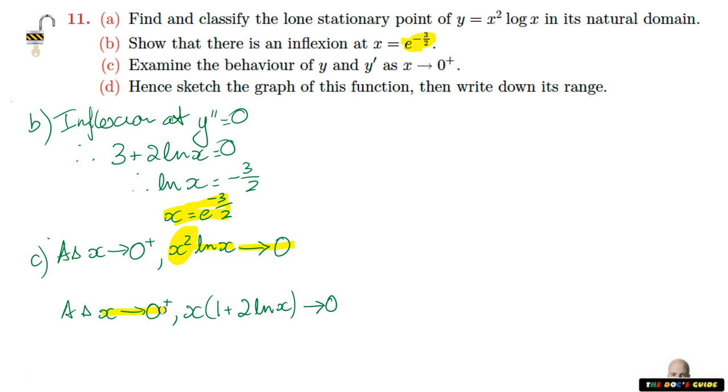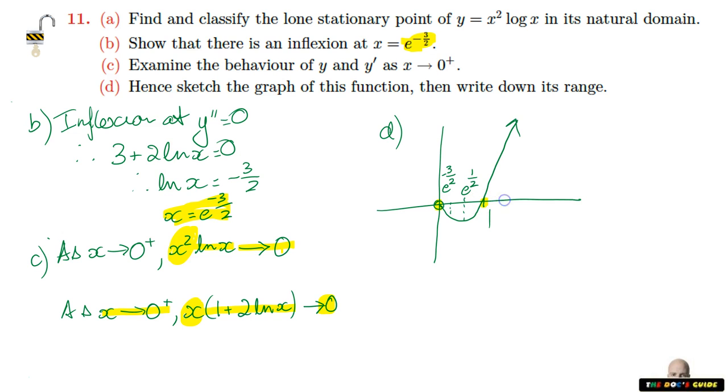And for the first differential, it's x times 1 plus 2 log x, and again, x will dominate, so it will tend towards 0. So as we head towards 0, the value will tend towards 0, and the slope will tend towards 0. And of course, we don't actually reach 0, so when we draw our graph with all of this taken into account, we have an open circle at 0, because it's not in the domain.